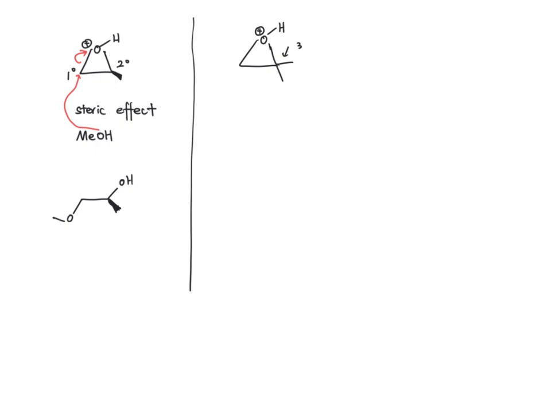So this is a tertiary carbon. It doesn't have any hydrogen on there. And then this is a primary carbon. So in this case, the steric effect will not be the major effect. Instead, electronic effect will be the major effect. What does that mean? That means the regioselectivity changes here when there is a tertiary carbon.